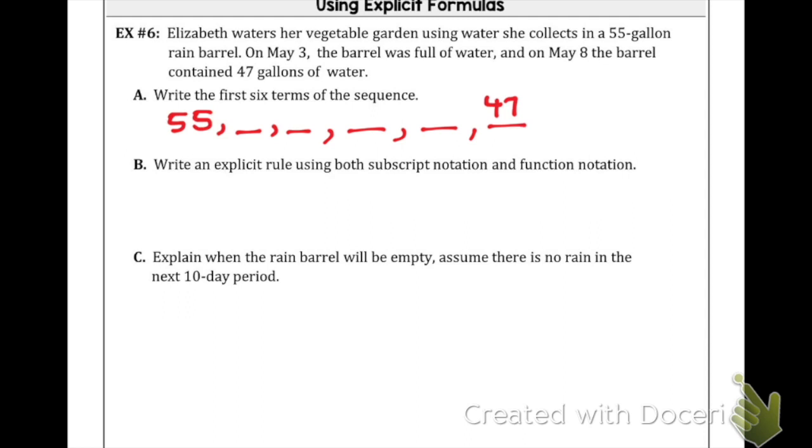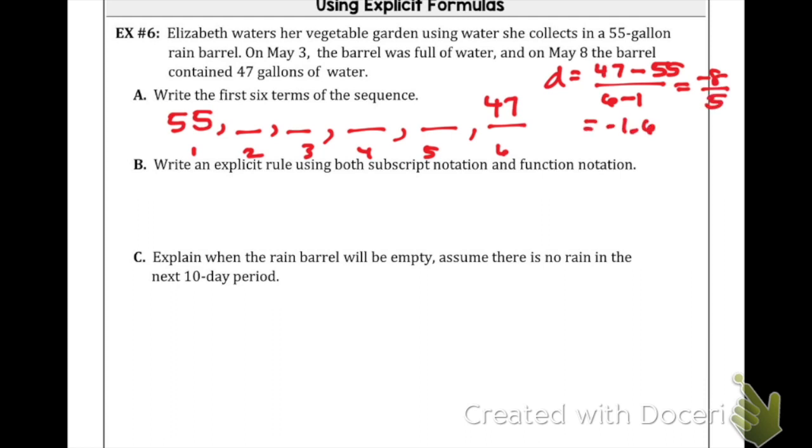So we need to figure out what the common difference is between the two, right? Which is the same as finding the slope. So this is 1, 2, 3, 4, 5, 6. My common difference is going to be equal to 47 minus 55 over 6 minus 1, which is negative 8 over 5, which is negative 1.6.